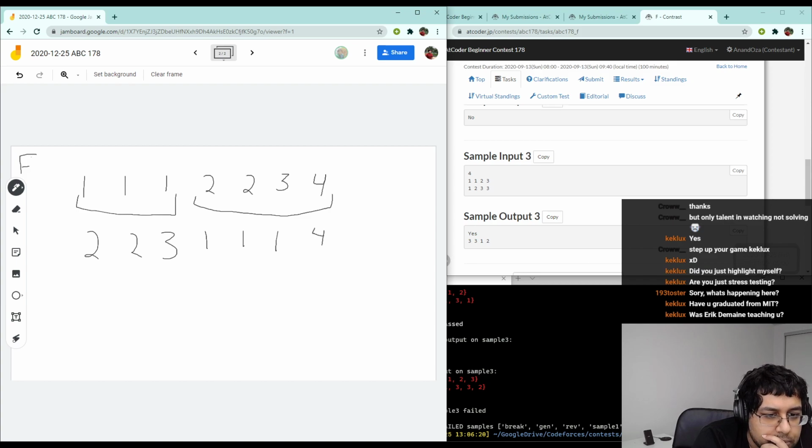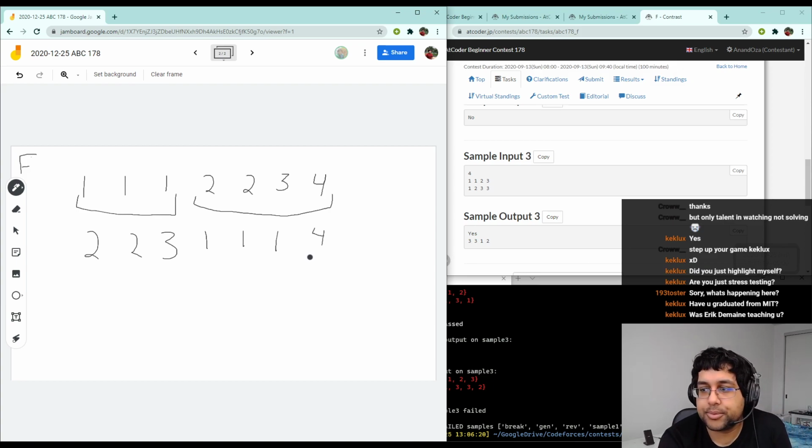And then we have this 4 that we still need to do something with. So we could continue to move ones over. This is kind of like the shifting idea again, though.